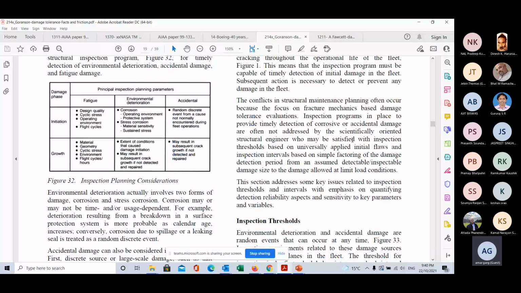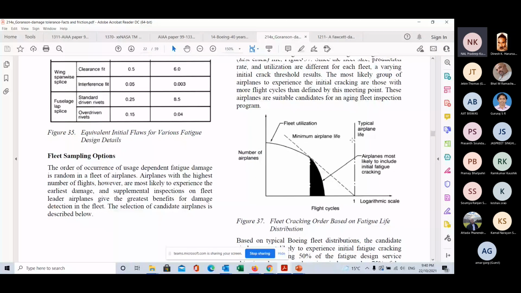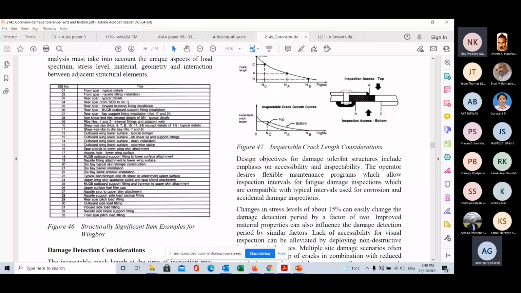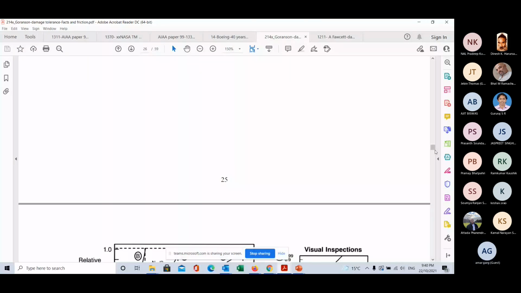Threshold, but fail-safe fatigue evidence. It tries to explain here inspectable crack lengths from outside, from inside. So like this. I won't go into details, just giving you an idea what this paper contains.